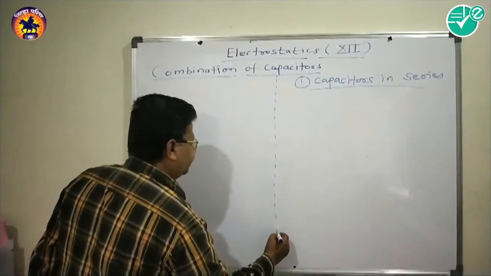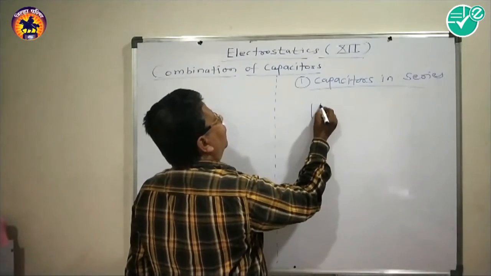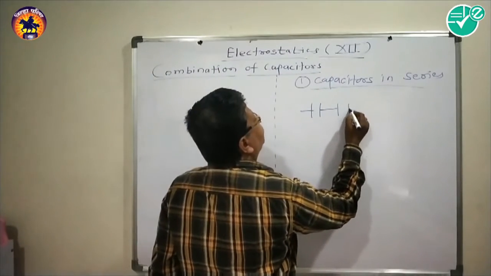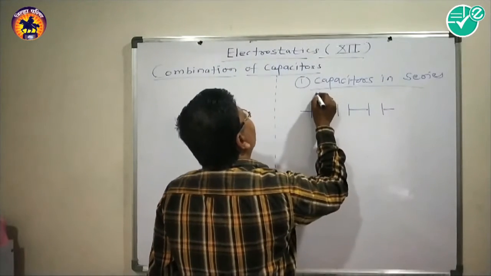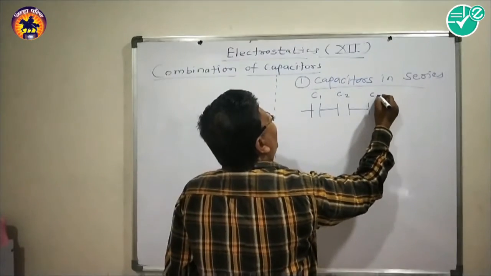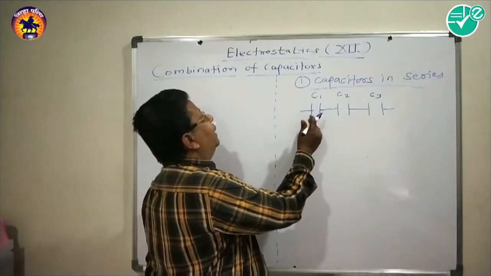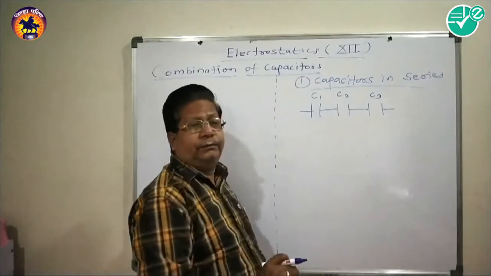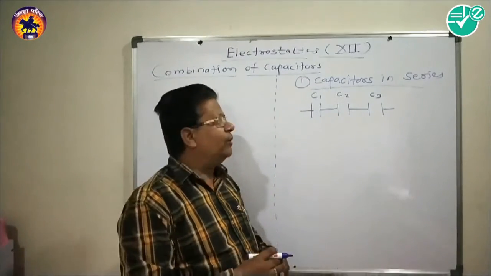So for that, consider three capacitors having capacitances C1, C2 and C3 connected one after another in the form of a continuous chain.